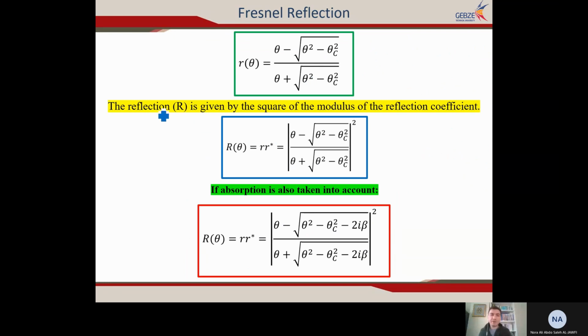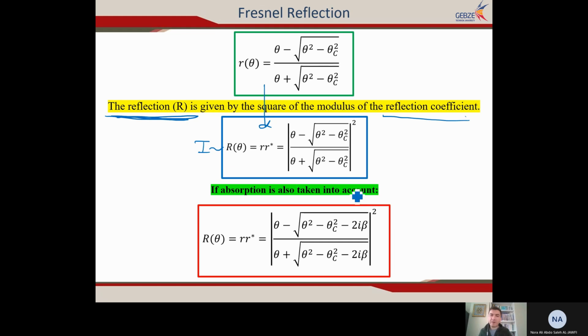So what about the reflection? Reflection, or the intensity that goes to the detector, is given by the square of the modulus of the reflection coefficient. We have already calculated the Fresnel reflection coefficient, just use this one here, okay? Then we have this one.